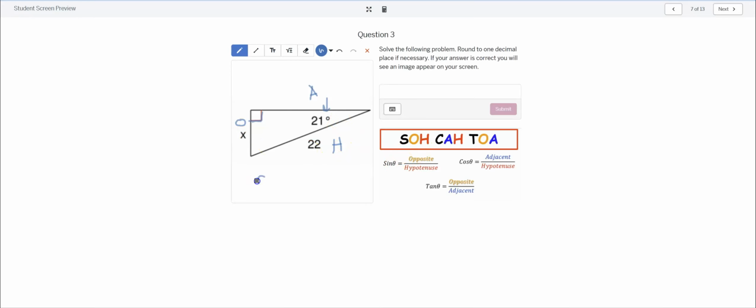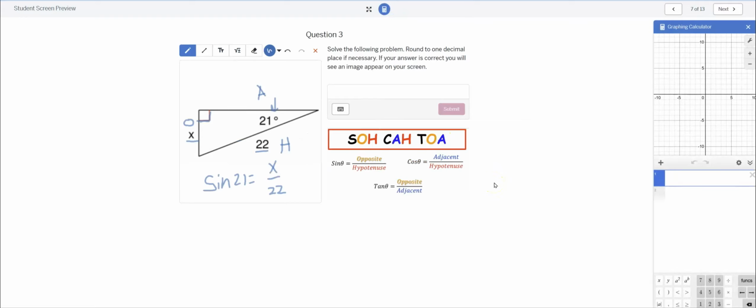So we're going to be using our sine function since we have the opposite and hypotenuse as the information we're working with. So the sine of 21 is equal to, and again, the opposite is x over the hypotenuse of 22. So x is high, we multiply. So I'm going to take my 22 times the sine of 21.